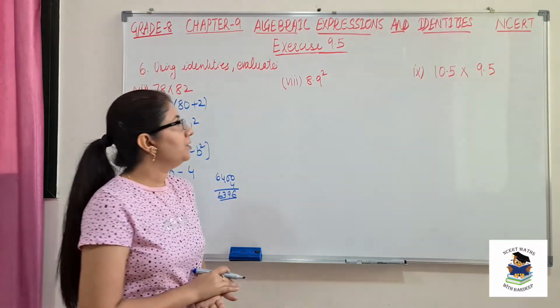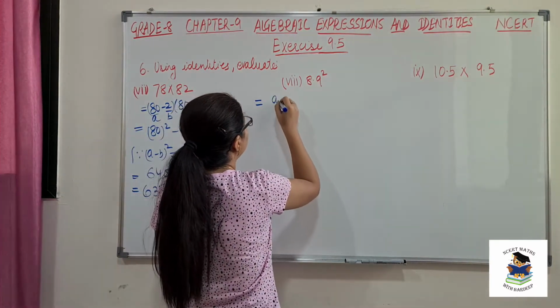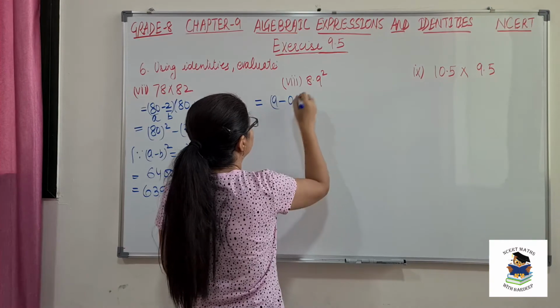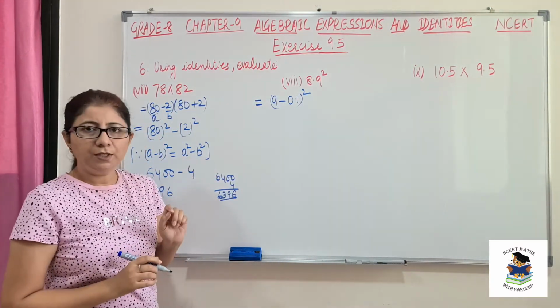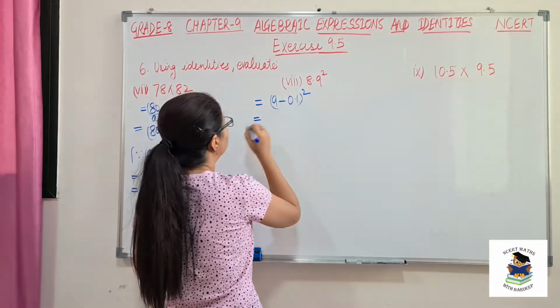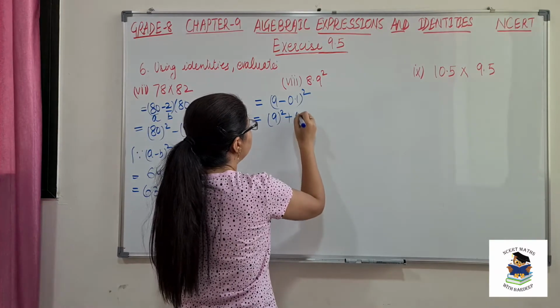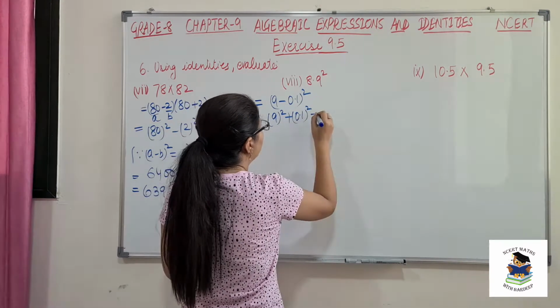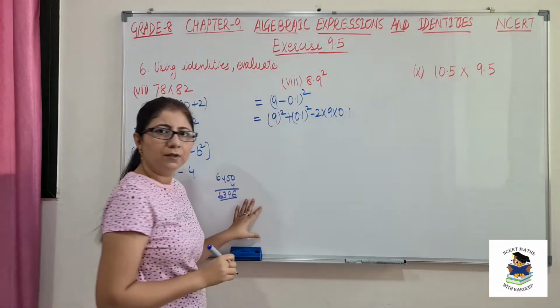So 8.9 is close to 9. So I will write this as 9 minus 0.1 whole square. So now which formula? This is a minus b whole square. So a minus b whole square is a square plus b square minus 2ab. Right?